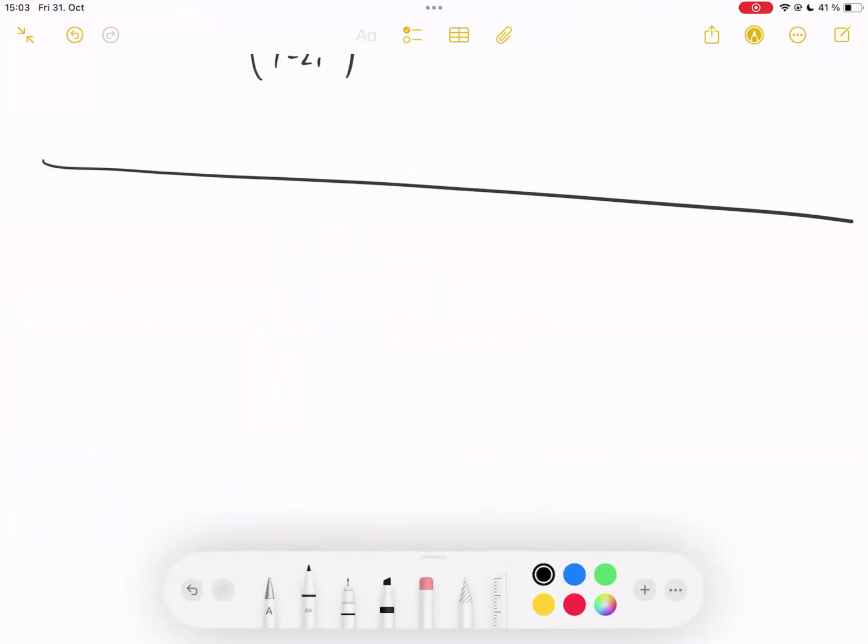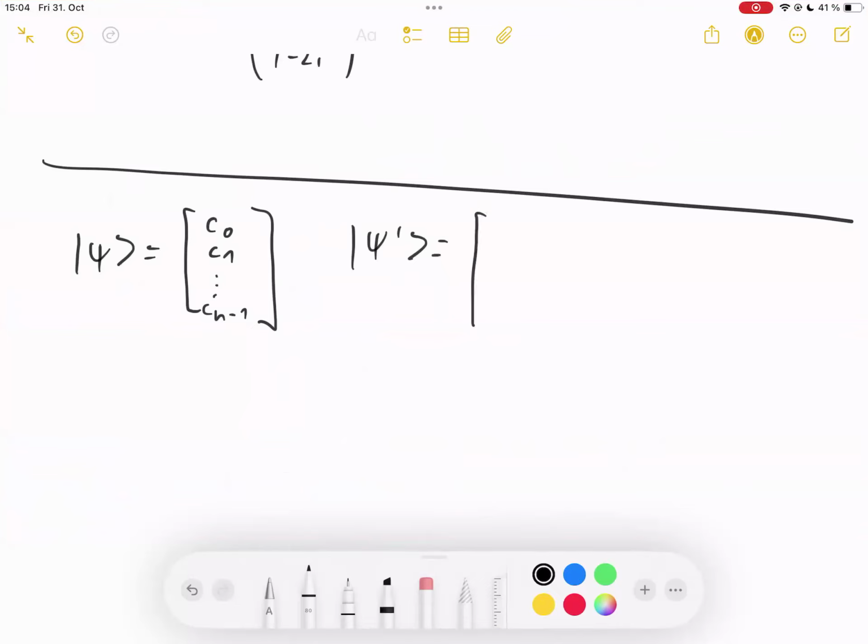So we have our |ψ⟩ ket, which has entries c0, c1 up to c_{n-1}, and we have the |ψ'⟩ ket, for which we have the entries c0', c1' up to c_{n-1}'.